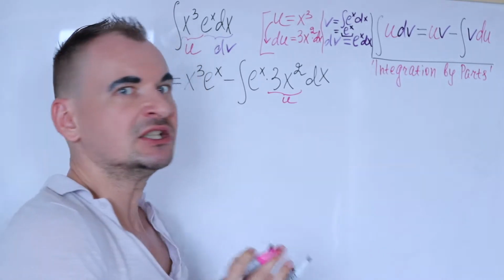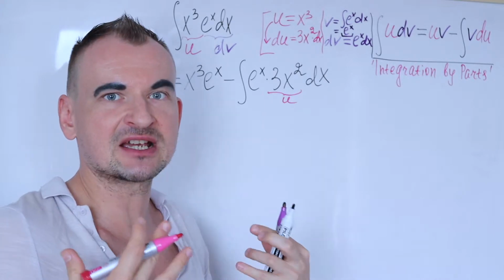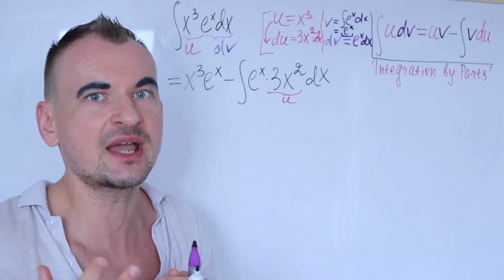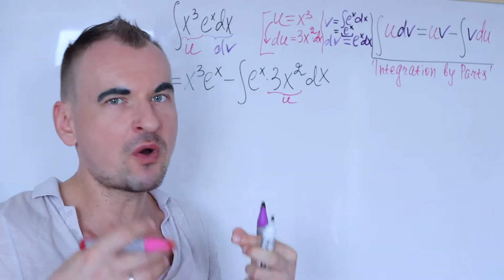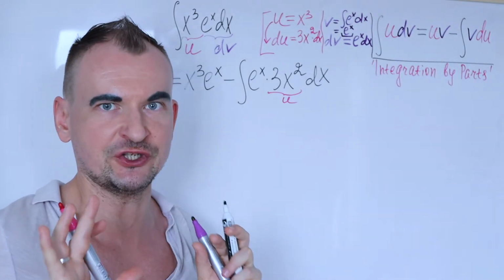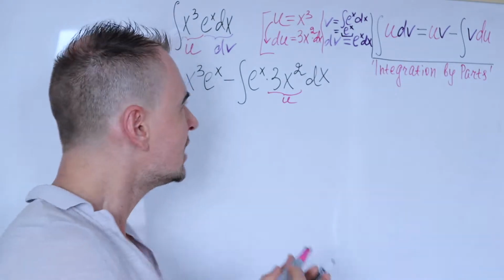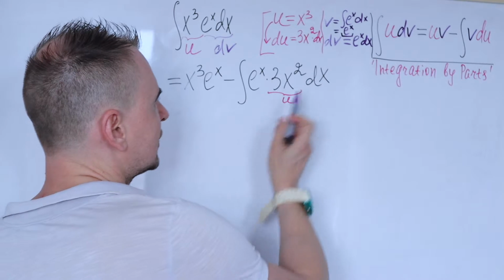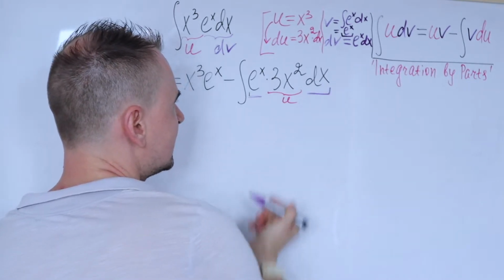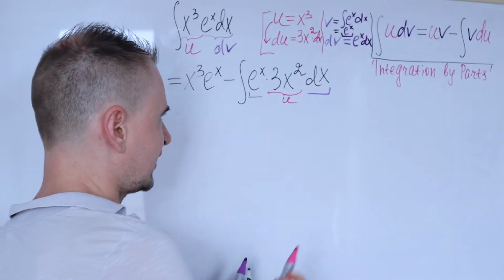So again, if you are given an algebraic expression, something involving x, it could be x squared, any power of x, anything involving x, if it appears in your integral, it's certainly going to be your u expression. Now, what's left over, including dx, namely e to the x dx, this is your dv. And let's write it off to the side.